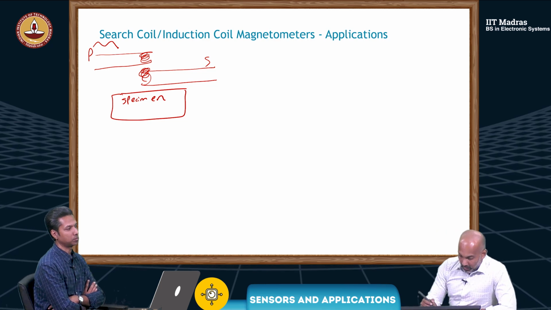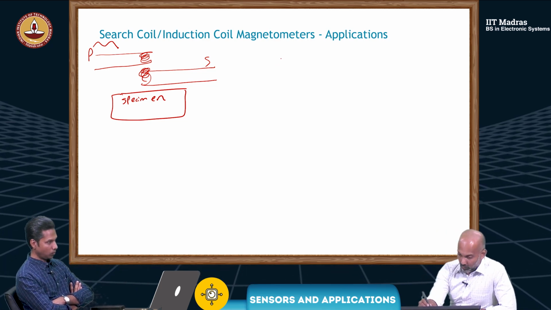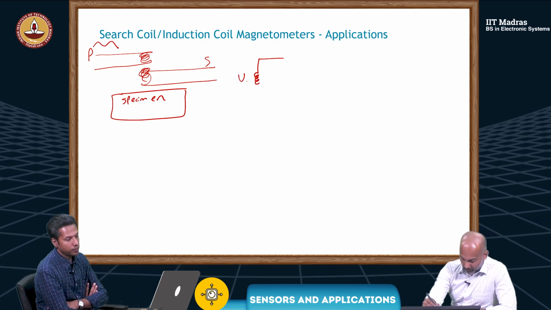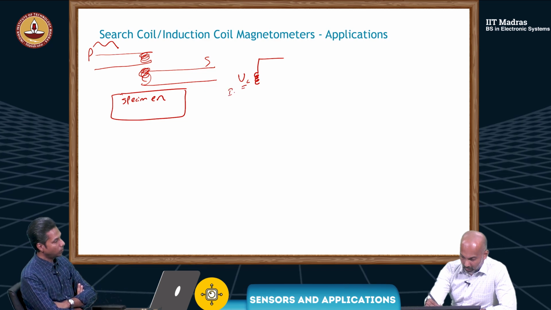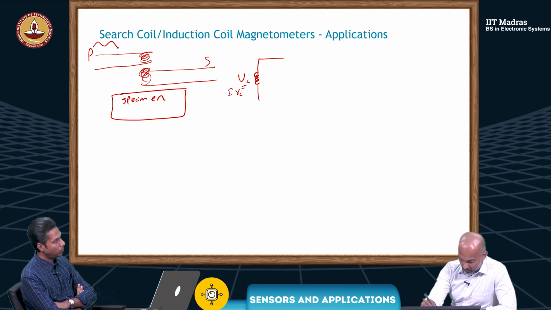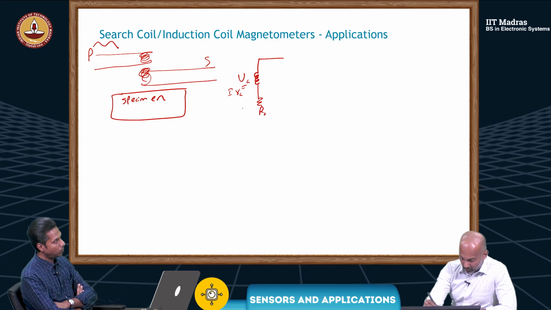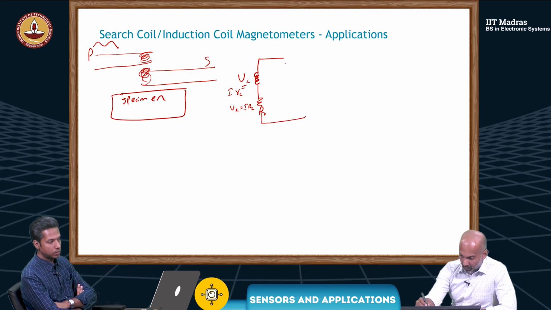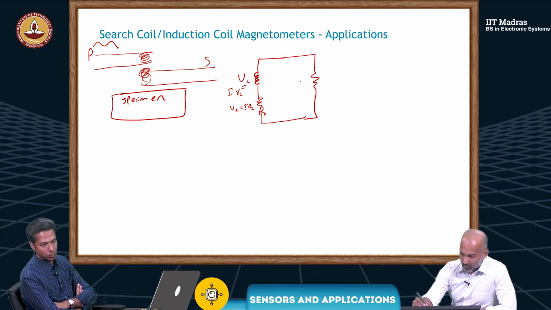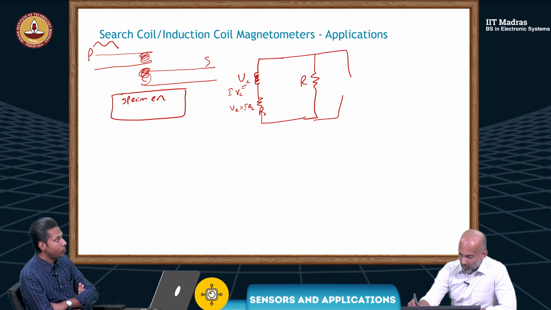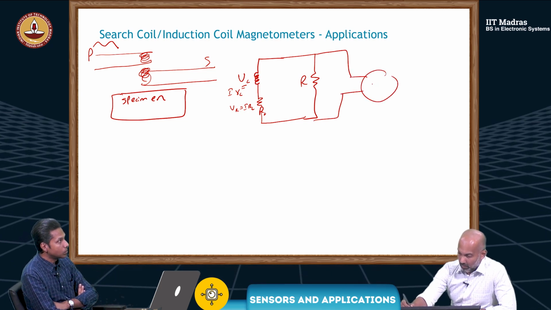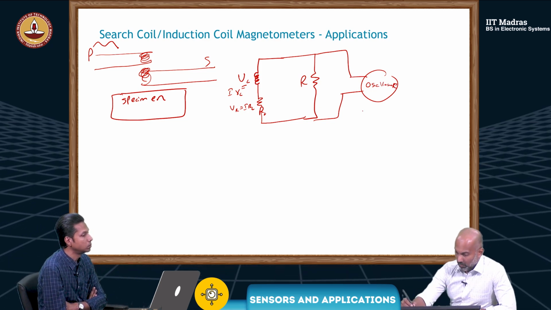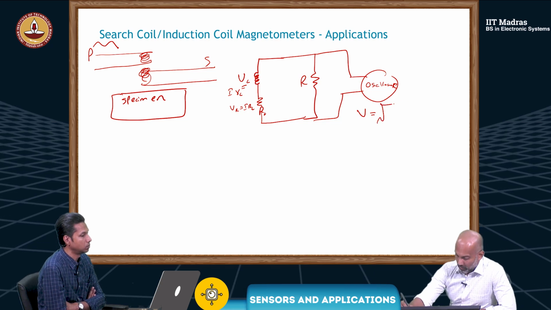Now, if you draw what we drew before, V_L equals I X_L, and this is I R_L. If I connect this to a resistor and then to an oscilloscope, this oscilloscope will see this one.